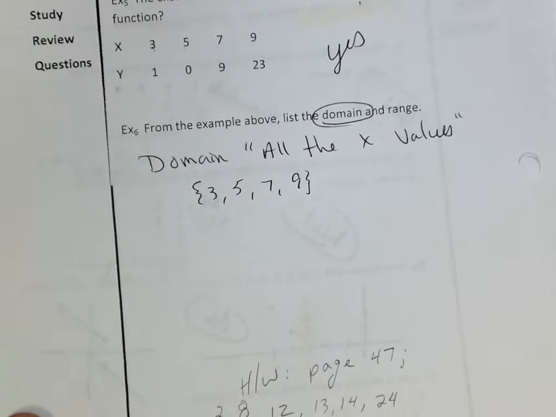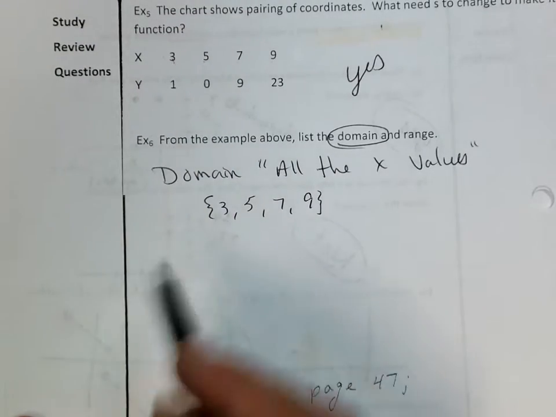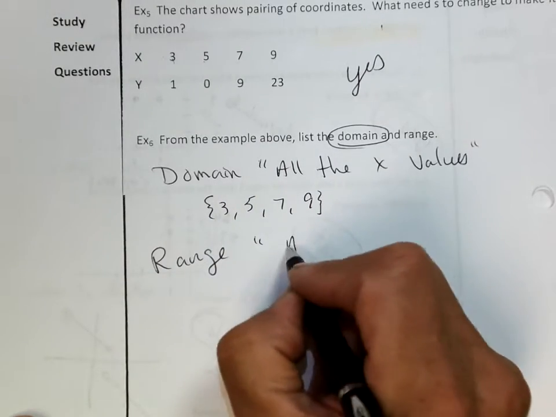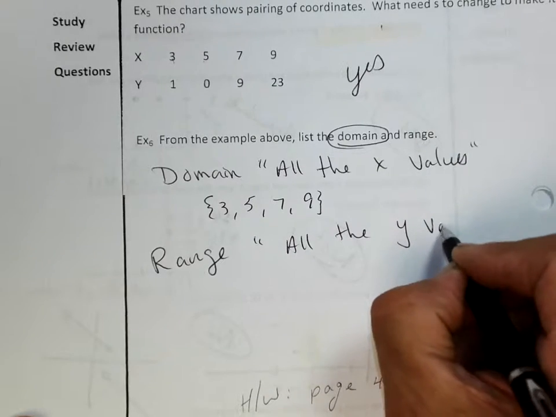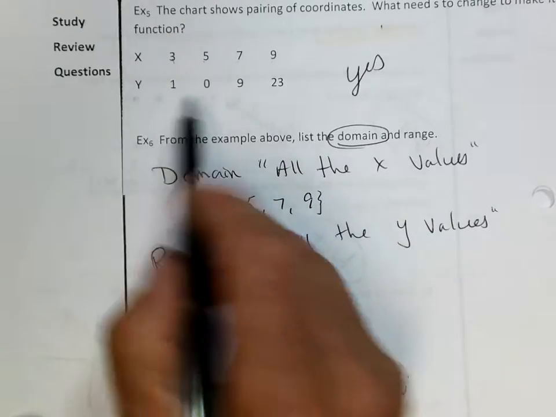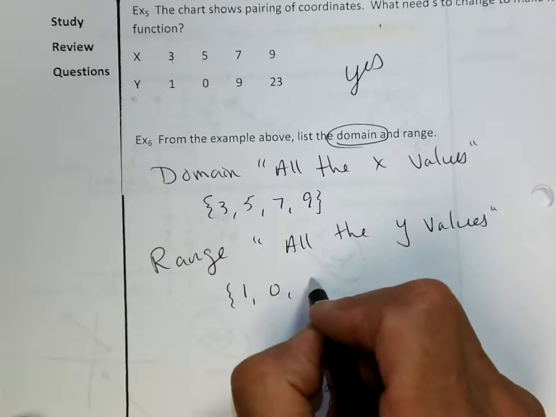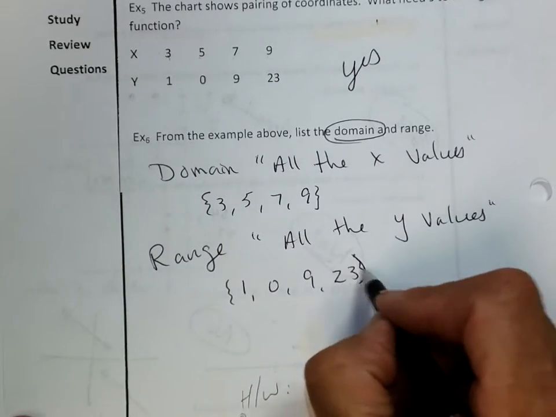The domain is just simply all the x values. Okay, just those. And the range is simply all the y values. The y values are 1, 0, 9, and 23.